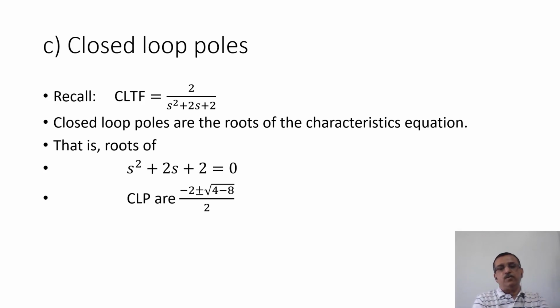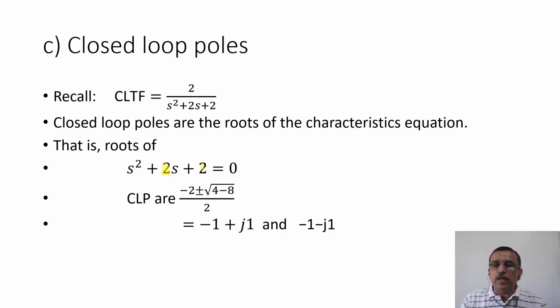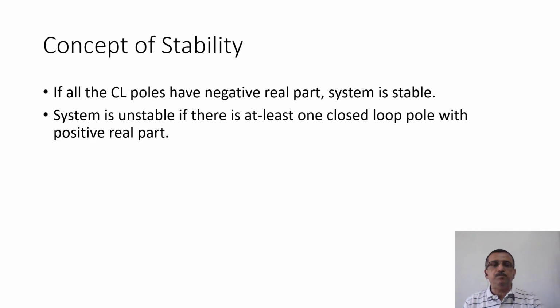What is b square? 2 square minus 4 into 2, that is minus 8, by 2. So 4 minus 8 is what? Minus 4. Root of minus 4 is j2. All of you know that root of minus 1 is j. So the closed loop poles are minus 1 plus j1 and minus 1 minus j1.